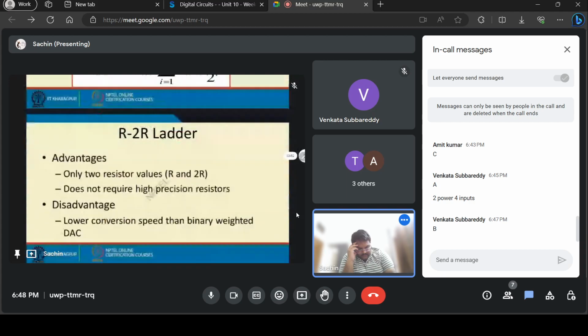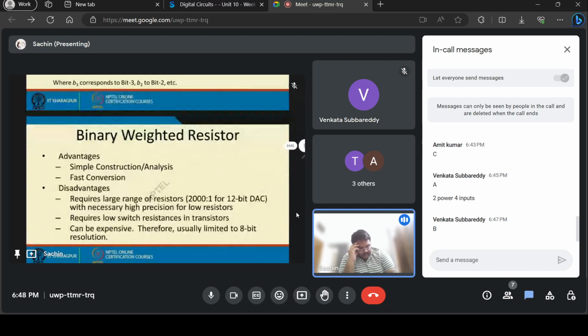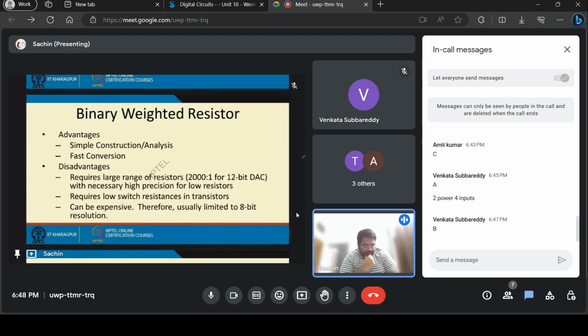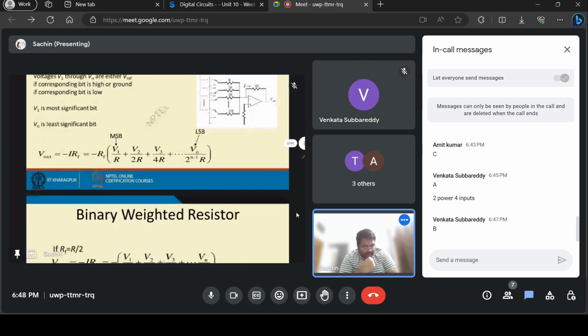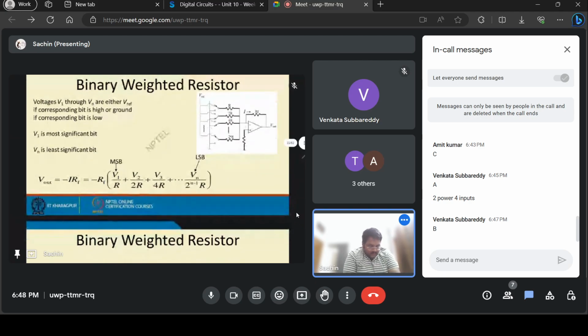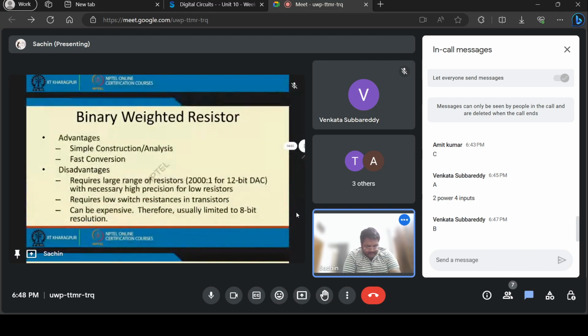Okay, where did the advantages go? Faster conversion in binary weighted. Disadvantages are it requires a large range of resistors. As you can see, here we have R, 2R, 4R, up to 2 to the N R. So you need a different number of resistors.